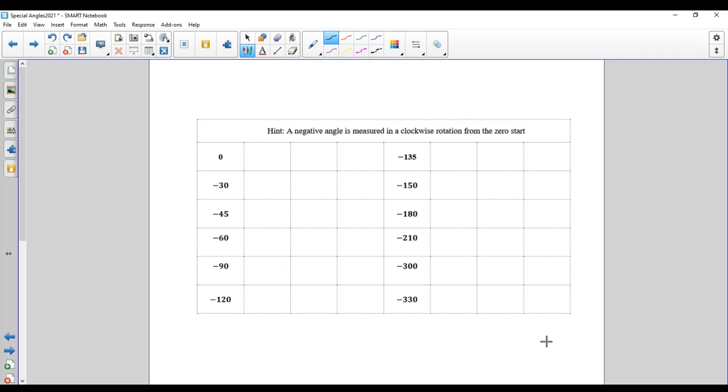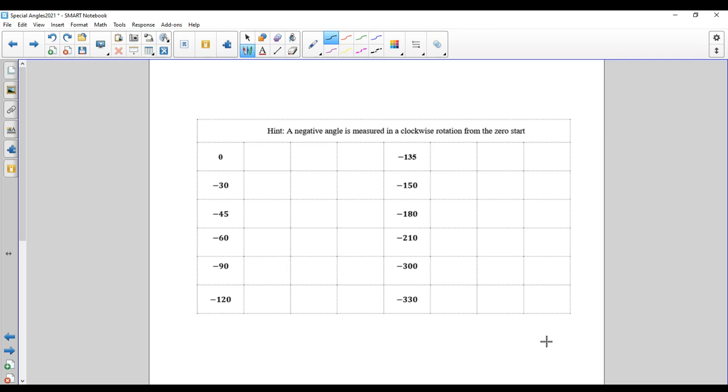Does anybody think they know what quadrant, before I go to writing, doing a quadrant, does anybody think they know where minus 30 degrees is? Yes. Absolutely. Absolutely.